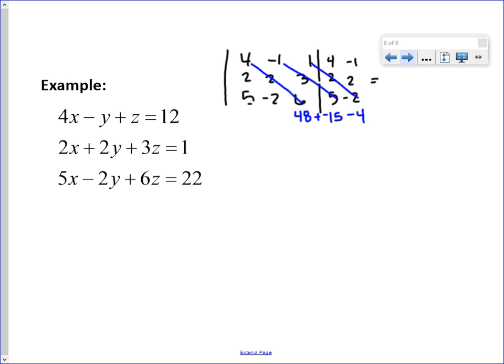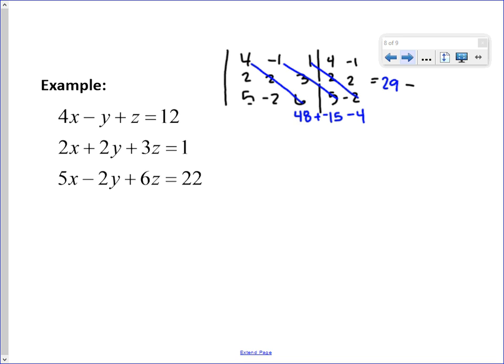I do not consider these numbers to be large enough to merit being on the calculator portion. You can do 48 minus 15. So I'll get 33 minus 4, that's 29.